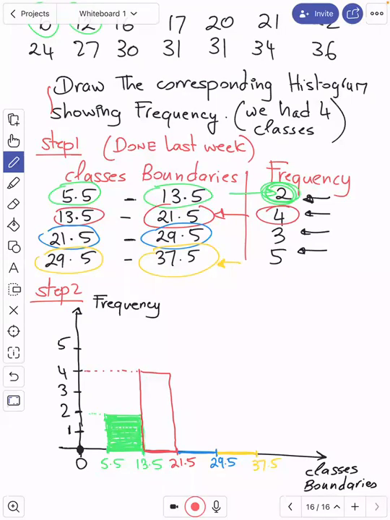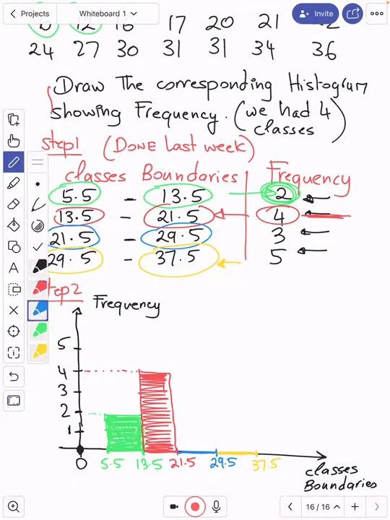Now for the third class, the frequency is 3. So over this blue interval, I'm going to draw a rectangle with height equal to 3, because that's the frequency of my third class.